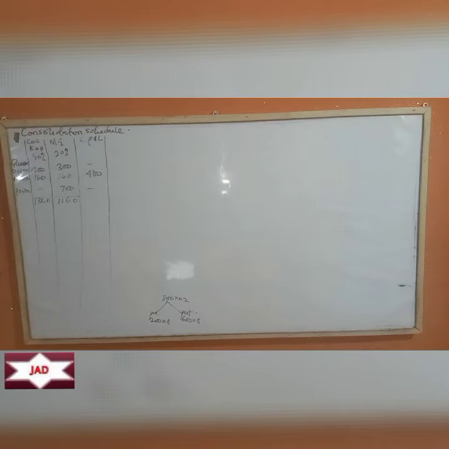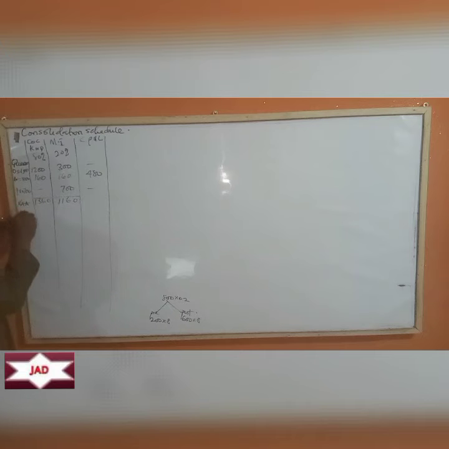And check it with your calculator. 300 plus 160 plus 700, 1,160. Okay? 200 plus 160, 1,360. So this is your net asset acquired.